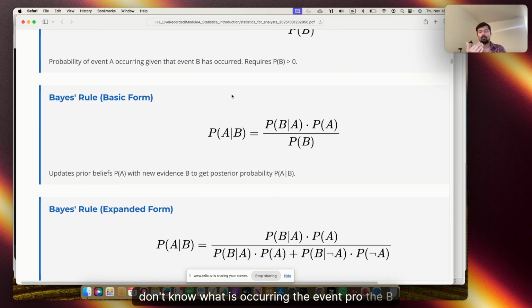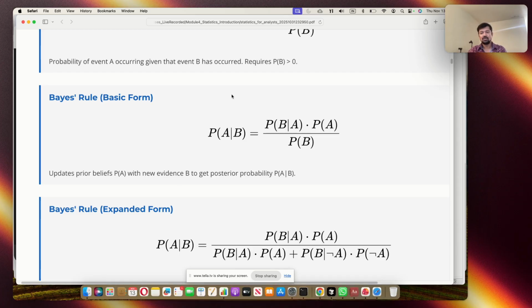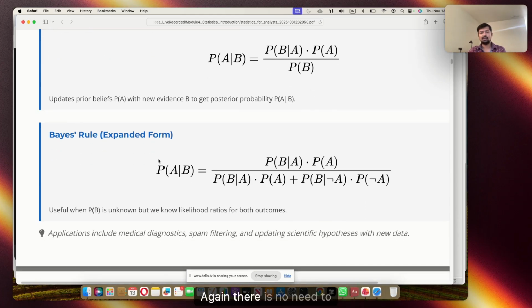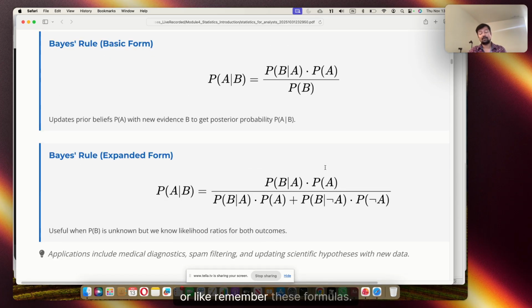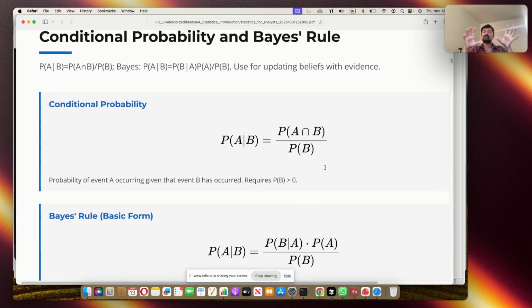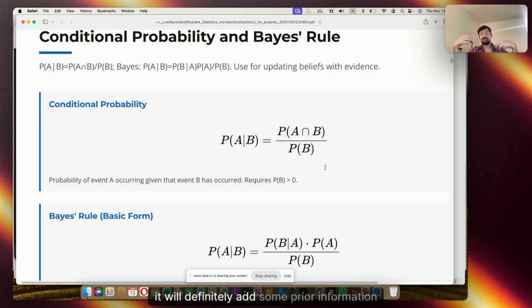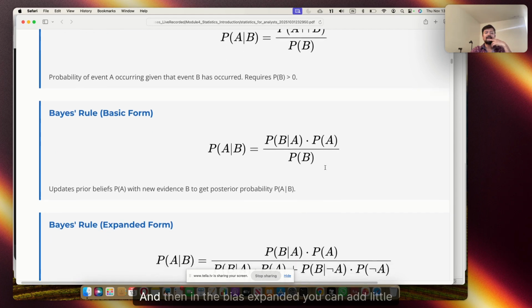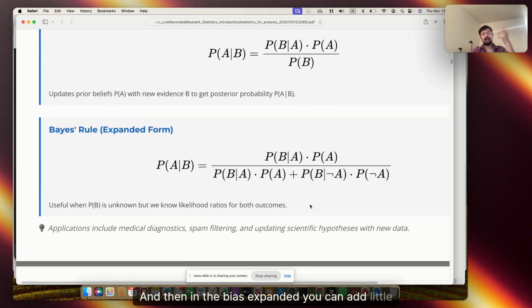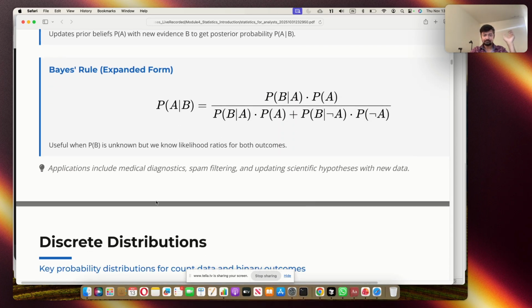The event B which has already occurred, you don't know the probability of that as well, so you can use the expanded formula. Again, there is no need to remember these formulas, but you should understand conditional probability, and what limitations and advantages it provides. The Bayes rule will definitely add some prior information, so it can provide somewhat more meaningful information from data that has already been tested and validated. And then in the expanded Bayes, you can add a little more information.